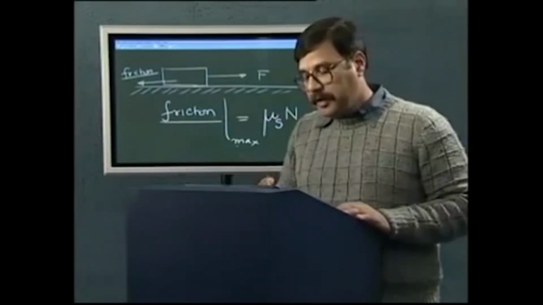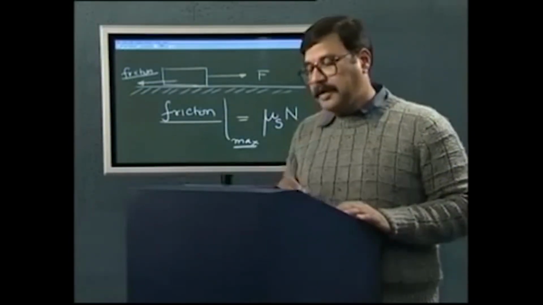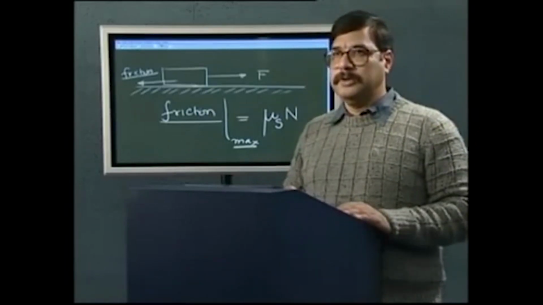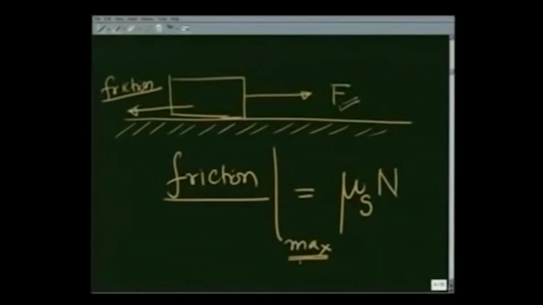Notice that I have written a maximum here, and that is to indicate that that is the maximum possible frictional force that is available. Of course, the frictional force adjusts itself as I vary this force. So the maximum possible is this, otherwise it is always less than, just sufficient so that this body doesn't move. What is N? N is the normal reaction of the surface on the body. So N is the force that is perpendicular to the surface on which the body is moving.